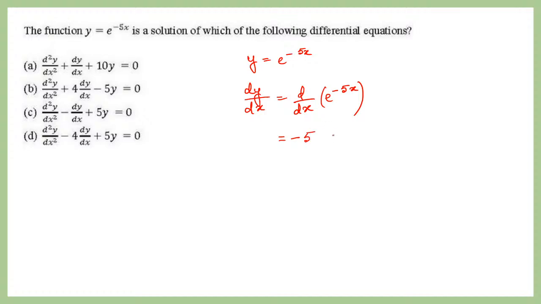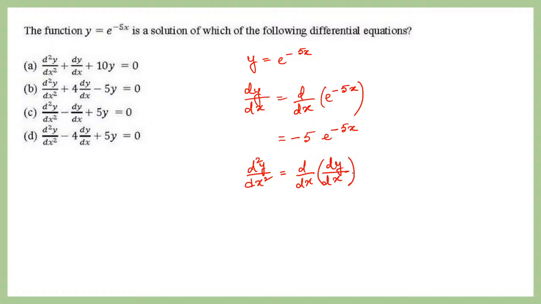If we take the derivative of an exponential, it just comes out the same, e to the power minus 5x, right? So we have found dy dx. Now next, what will we find? d2y dx2, right? And what's that? That is d dx of dy dx, right?